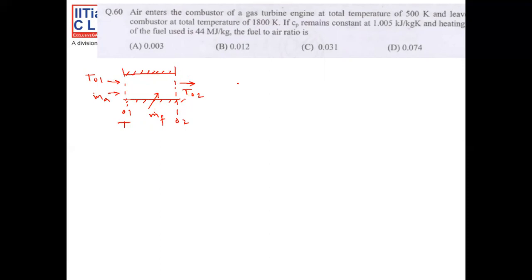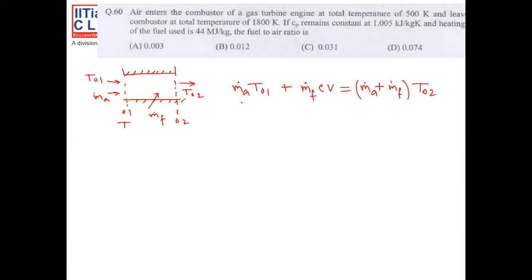So by employing the energy conservation equation, the total energy at the entry of the combustion chamber is m_a dot Cp T01, and the total energy addition into the combustor by means of addition of fuel is nothing but m_f dot CV, where CV is the calorific value of the fuel. So this will be equal to the total energy of the flow at the exit of the combustion chamber.